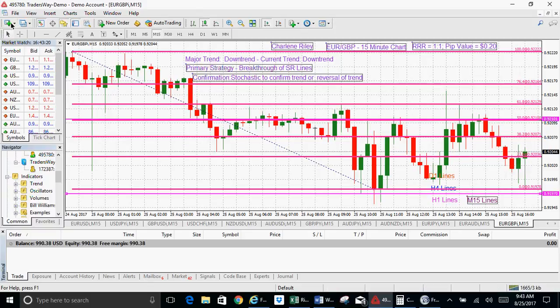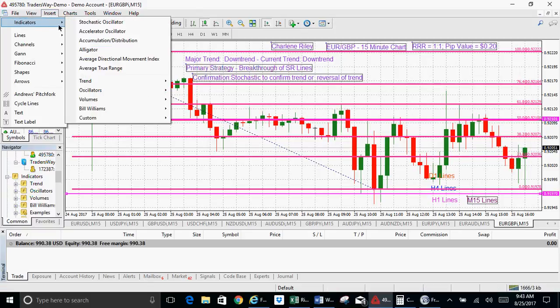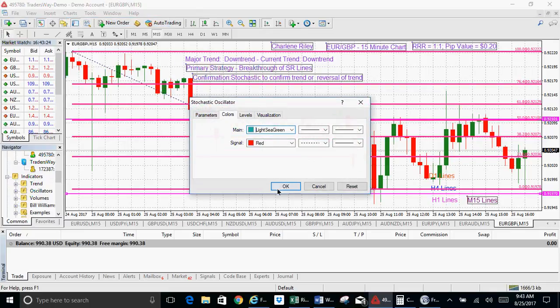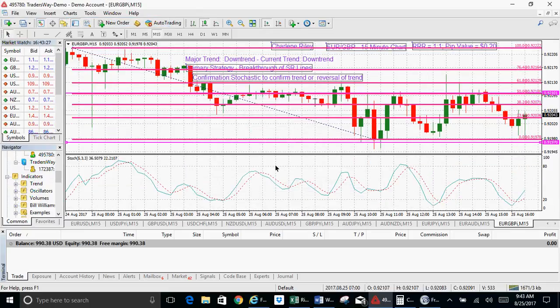Now I see, let's insert the stochastic, and I see that we have what I'm looking for as far as trade setups would be the break above this 92036 line for a buy.